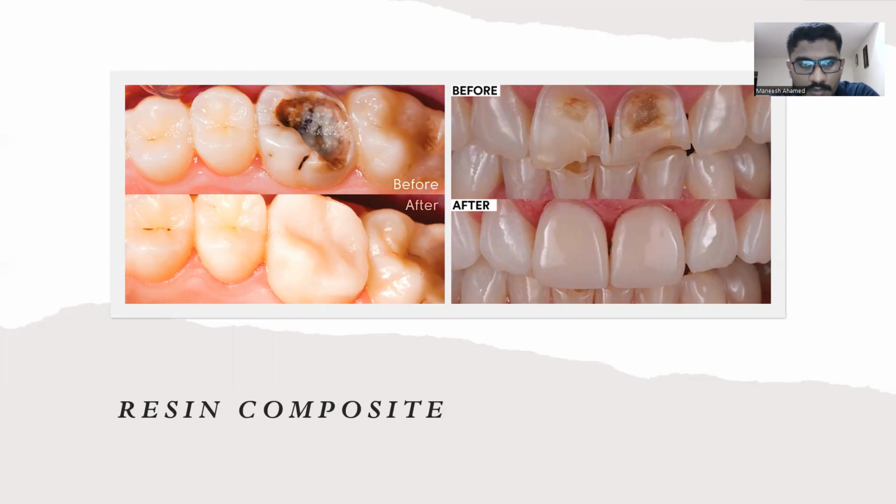It bonds to the tooth by means of micromechanical or even chemical bonding, and it has excellent biomimetics, that is, it mimics the body's normal tooth structure. The most important feature is that it is aesthetic. It mimics the tooth structure. It has the same color. It can mimic the normal tooth color and aesthetics, as you can see in this picture.